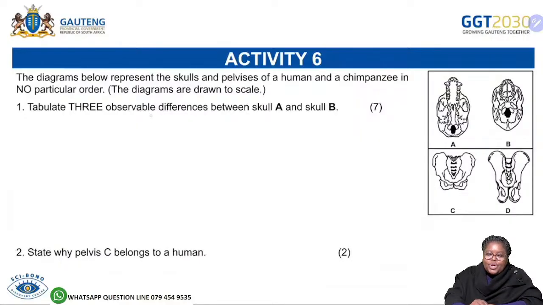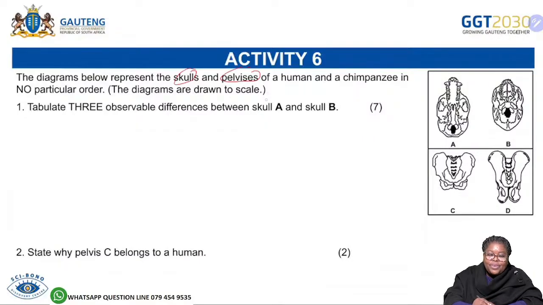So the diagram below represents the skulls and the pelvises of a human and a chimpanzee in no particular order. The diagrams are drawn to scale. That's what I like about it, you don't have an excuse to fail life sciences, because we ask you questions on what is given.